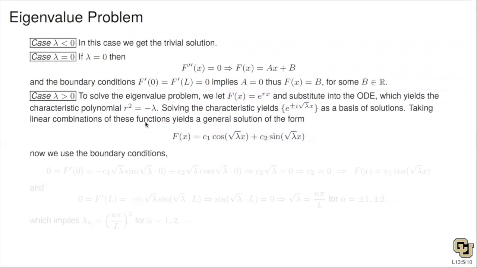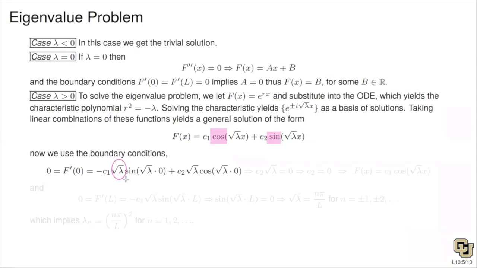So now boundary conditions. When we take the derivative, this cosine becomes a sine and this sine becomes a cosine. This flip-flop happens, and of course it's a chain rule. The derivative of the outside is minus sine root lambda x, times the derivative inside, which is root lambda, and then we still have the constant.